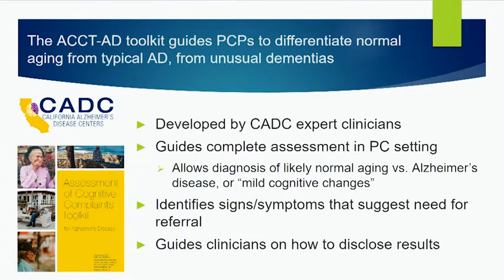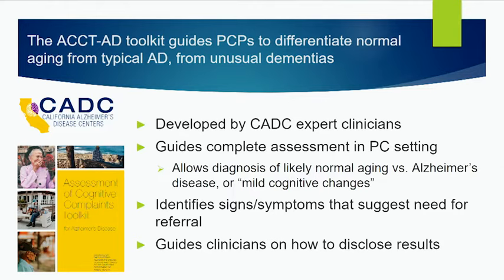So the ACCT-AD toolkit guides primary care providers to differentiate between normal aging, typical AD, and unusual dementias. It was developed by experts in a collaborative process. In our group of CADCs, there are many experts who are nationally and internationally renowned for their expertise in dementia, so this is a great group of people to work with.